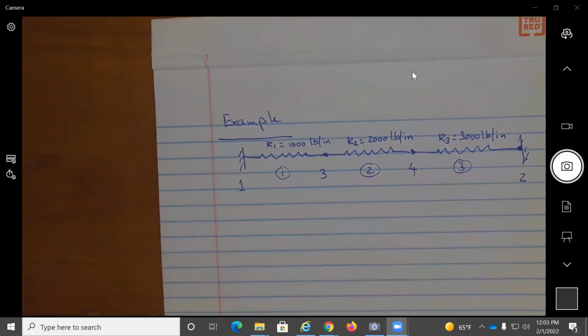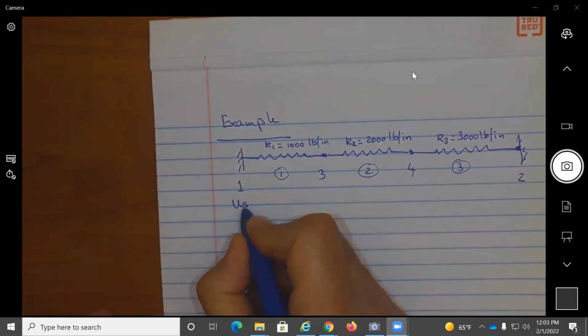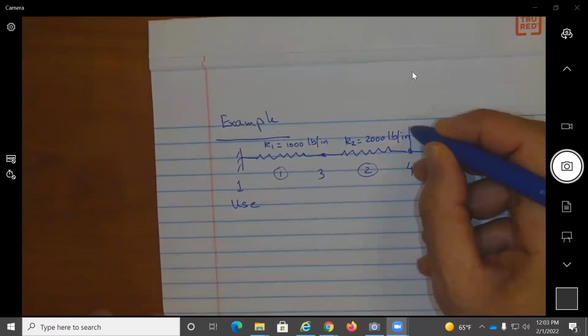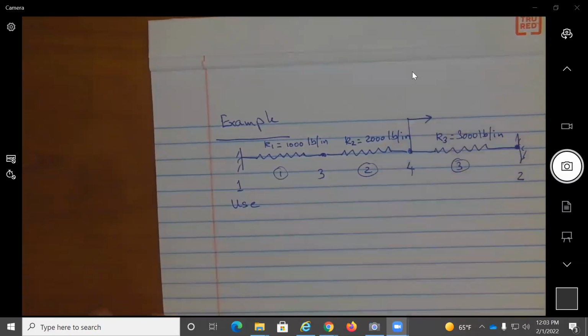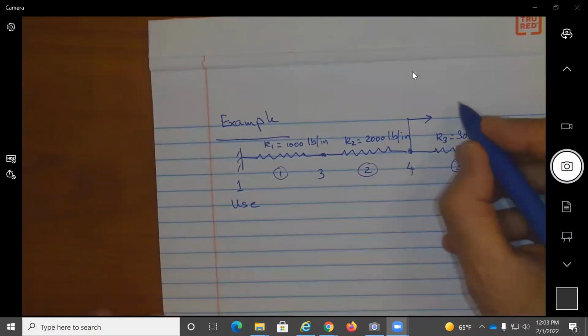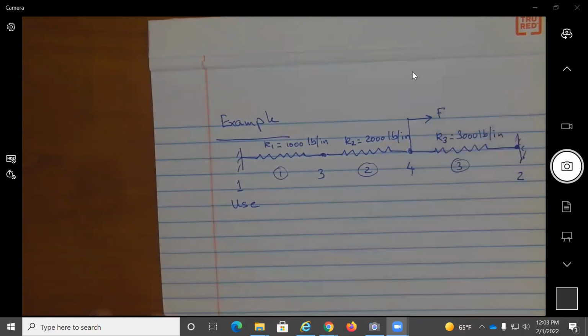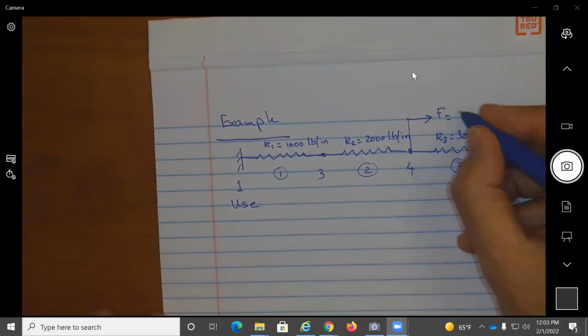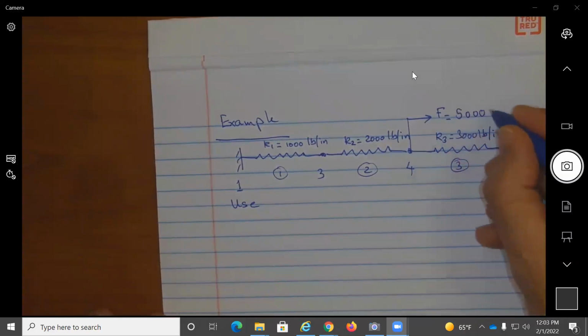All right. So we want to use, oh, I forgot to mention here that there is an external force applied at node 4. We have an external force F that is equal to 5,000 pounds.